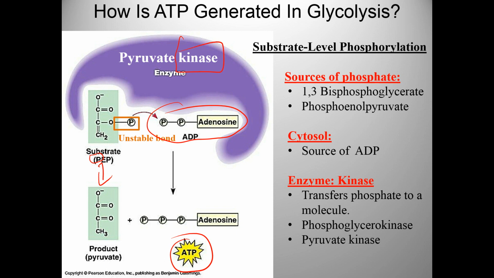In this case, pyruvate kinase, because pyruvate is the product of this biochemical reaction. And kinase is telling you that somewhere in this process, you're transferring a phosphate group from one molecule to ADP, or some molecule is going to be phosphorylated at the very least.